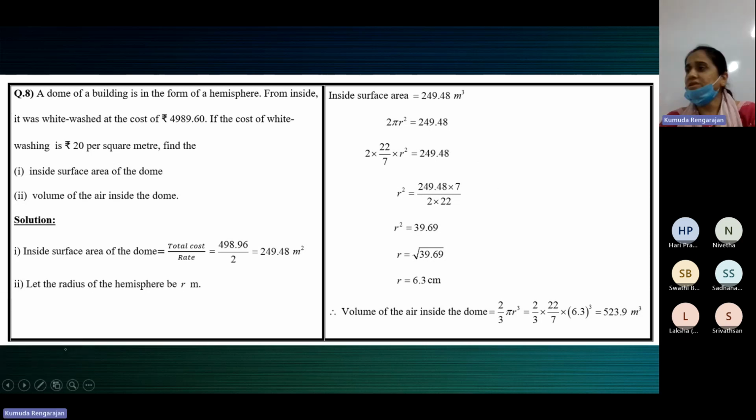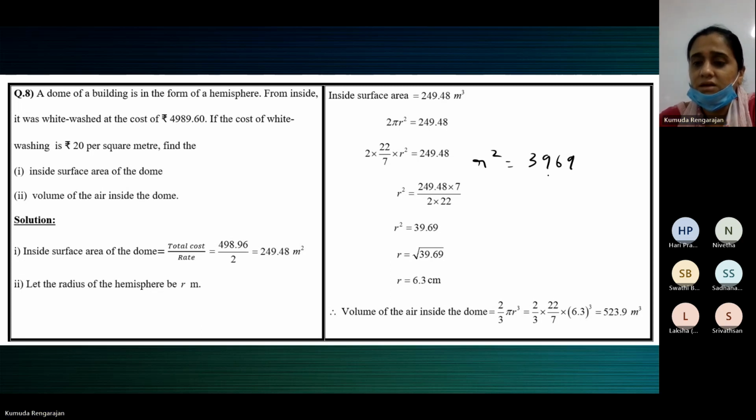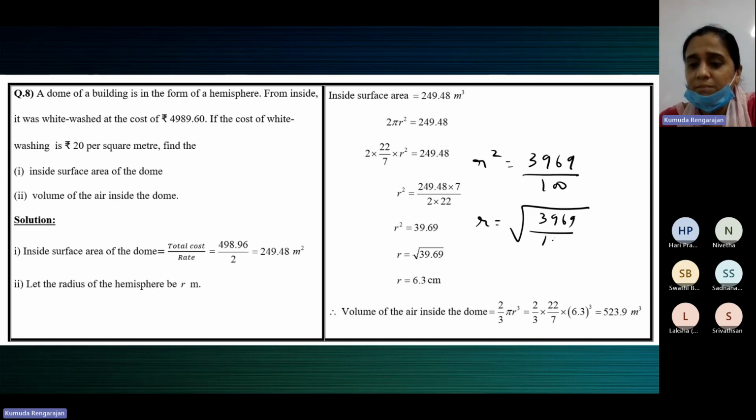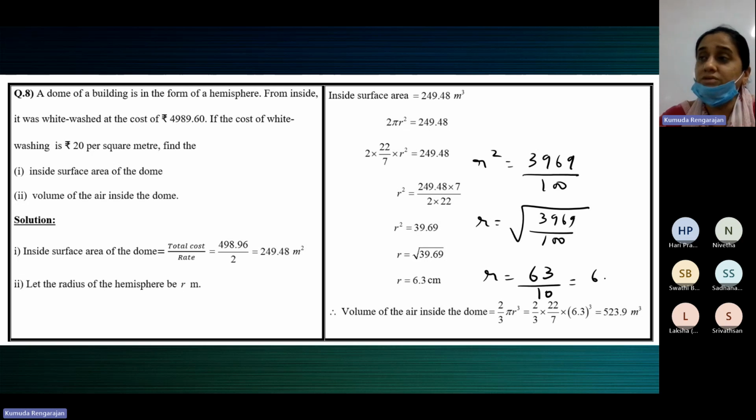So you'll get r square as something. R is equal to square root of that number. So if you have r square is equal to 3969 by 100, r will be equal to square root of 3969 by 100. So r is equal to the square root of the numerator, which is 63. Denominator is 10. So you'll get 6.3.